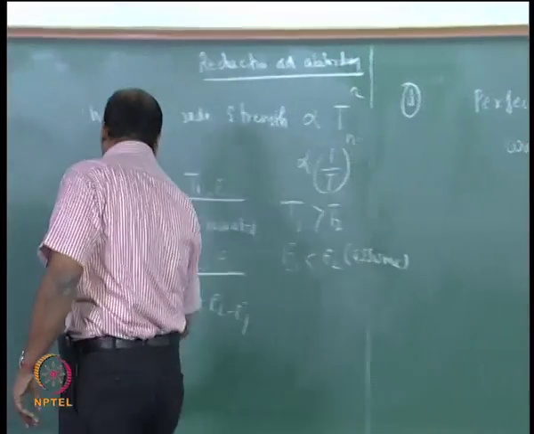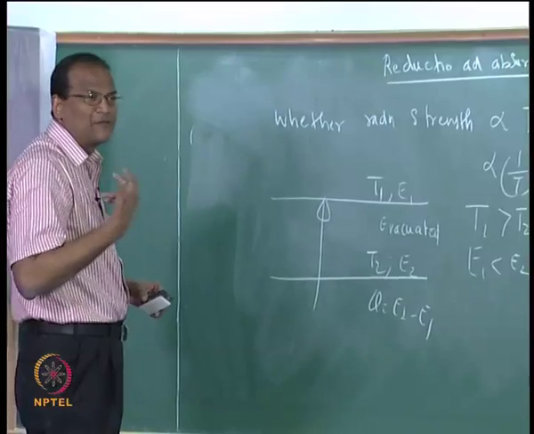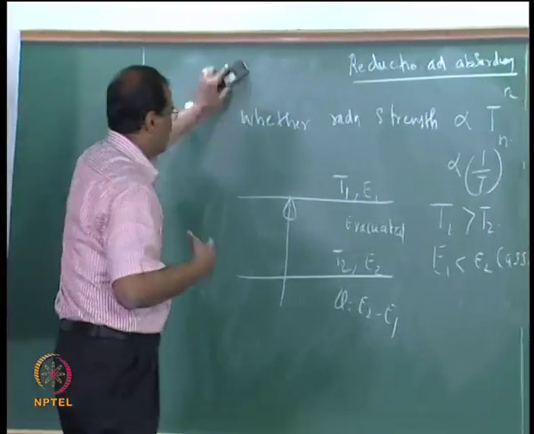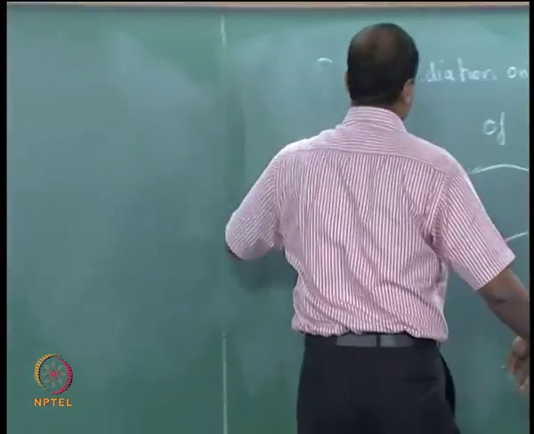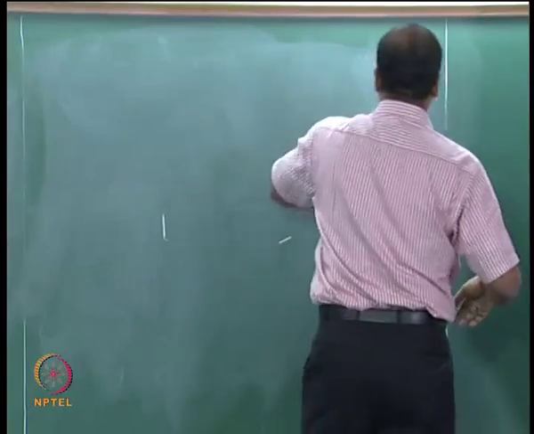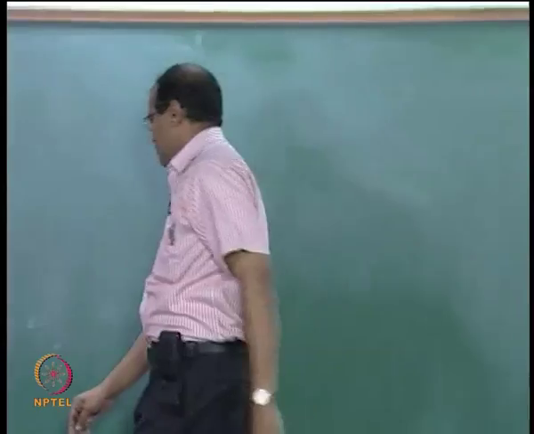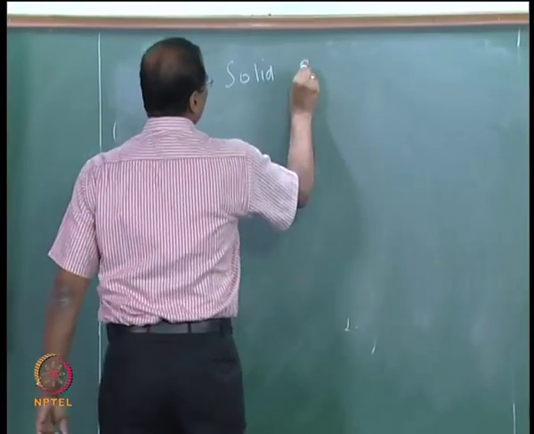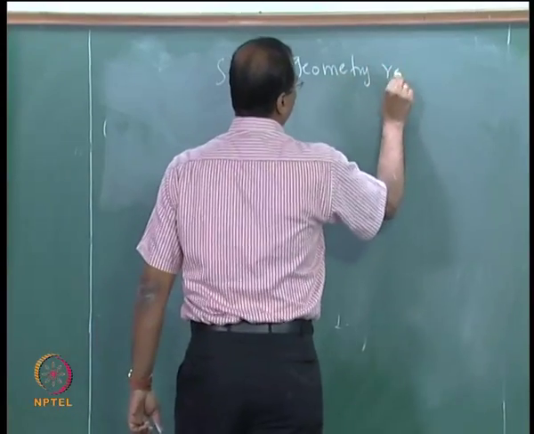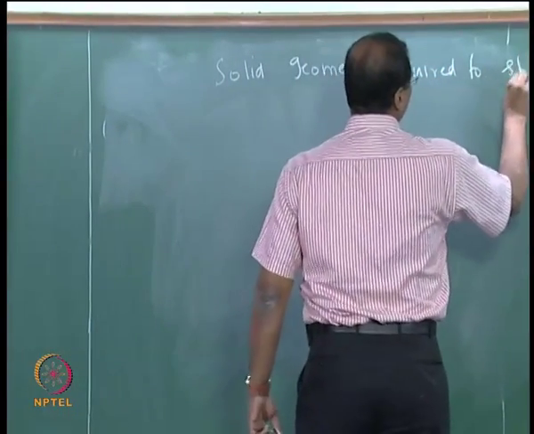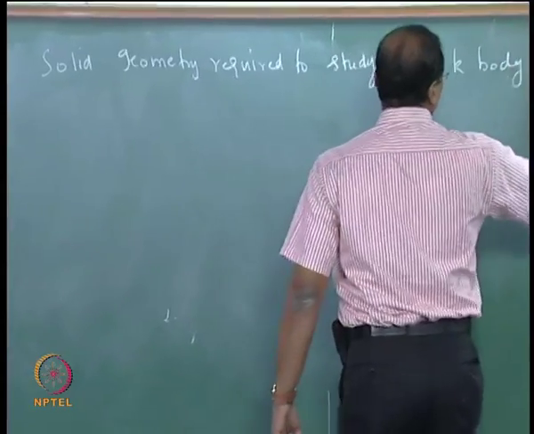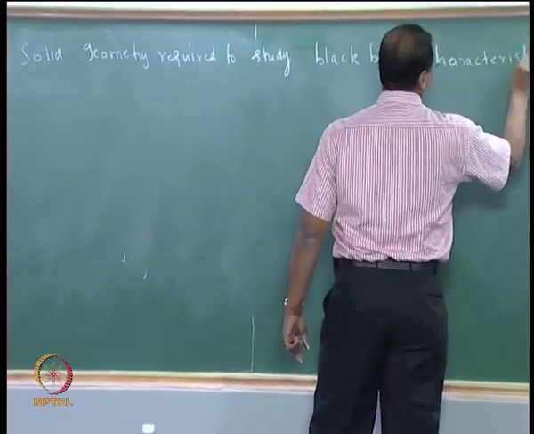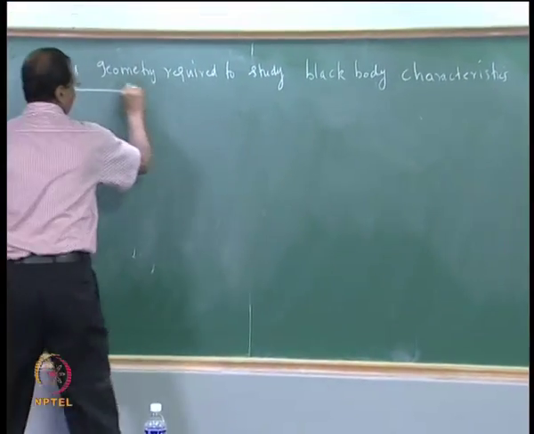In order to derive the black body characteristics, that is the quantitative aspects of black body behavior, it is imperative that we study a little bit of solid geometry. So solid geometry is required to study black body characteristics.